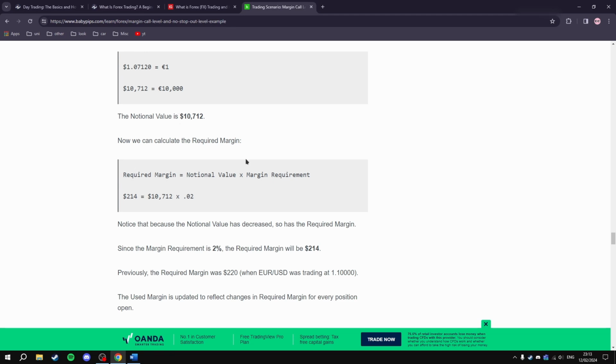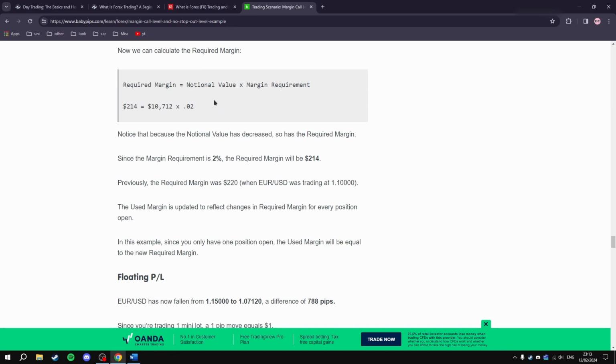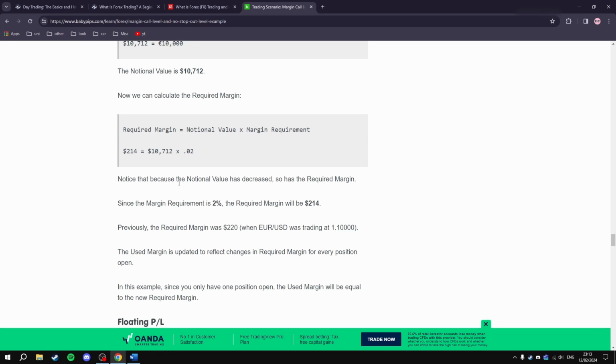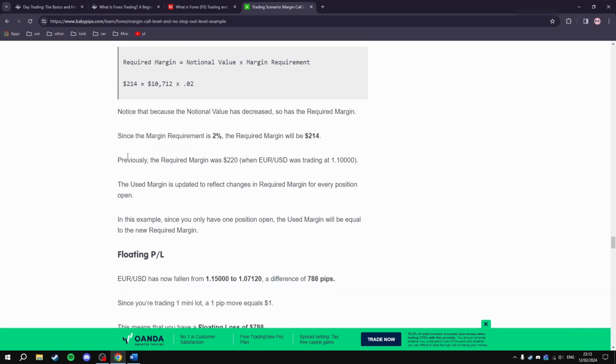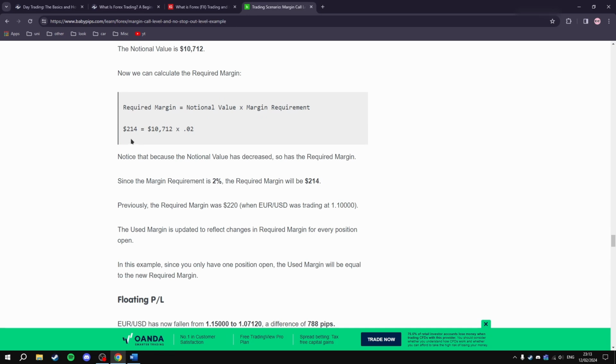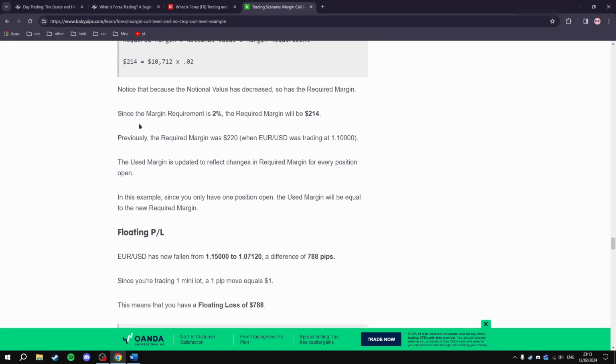Now we can calculate the required margin. Required margin equals notional value times margin requirement. So notional value is 10,712 times 0.02, which gives you 214 required margin. Notice that because the notional value has decreased, so has the required margin.